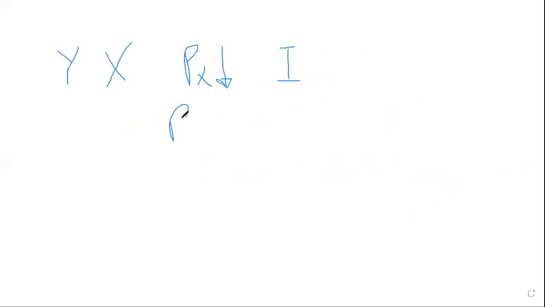And we know that real income is equal to your nominal income I over the price of X. So the price of X has gone down.